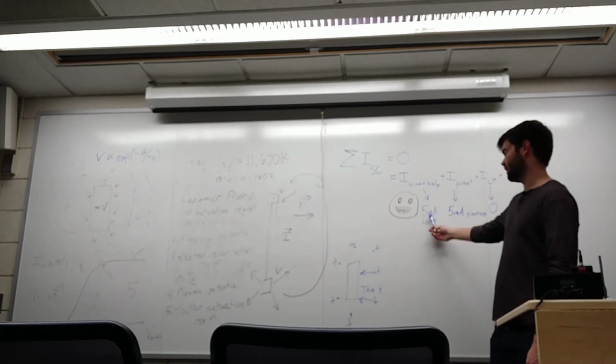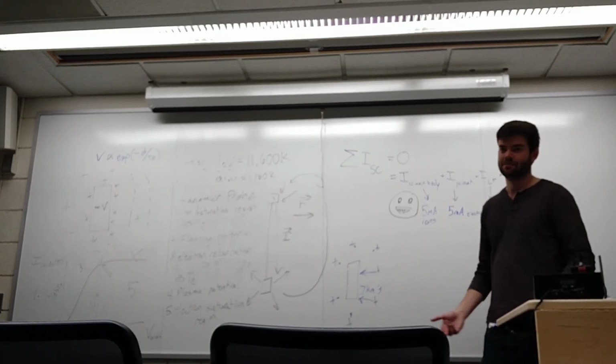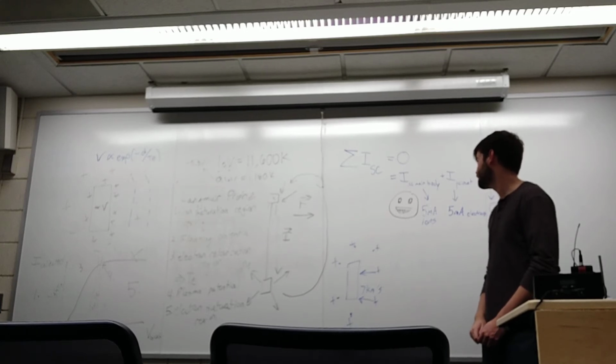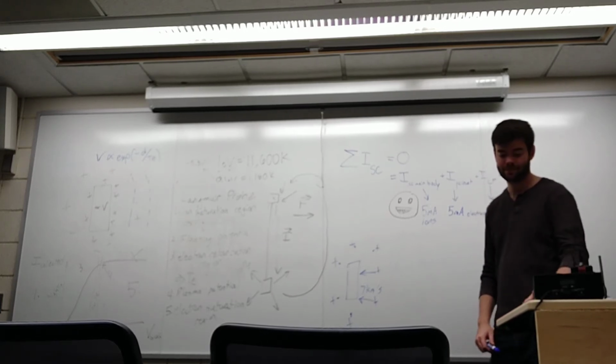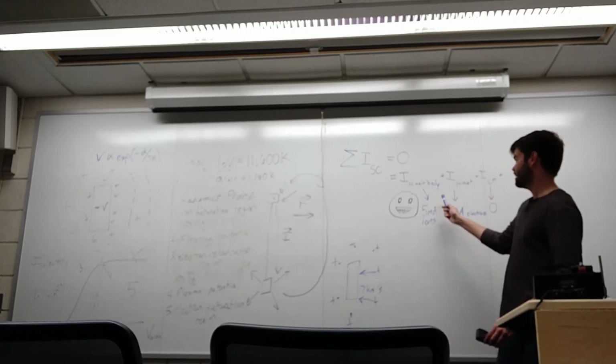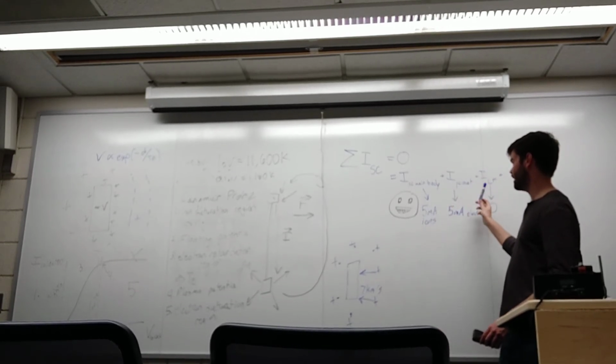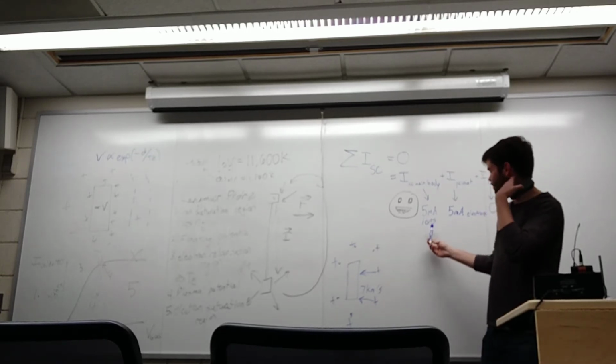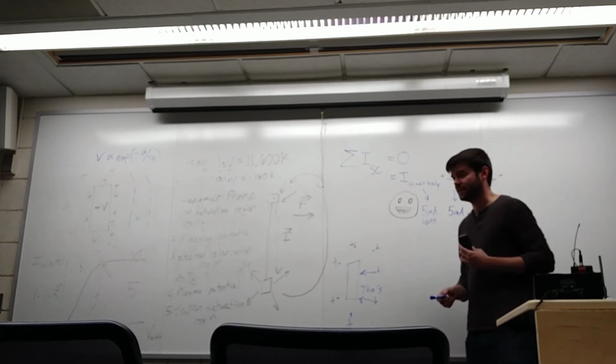But you still need a really large potential to do this, or a very high velocity. So we've got a problem here. We can't collect 5 milliamps of ions.